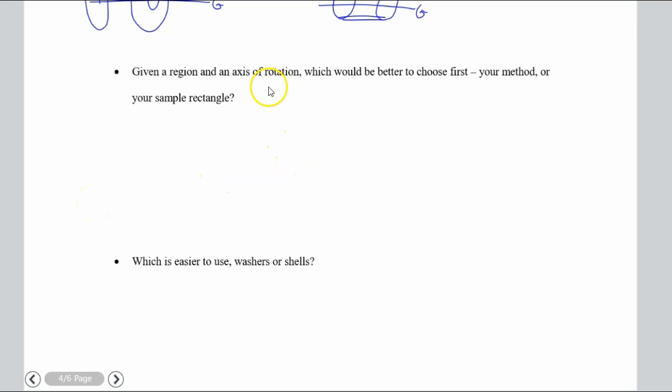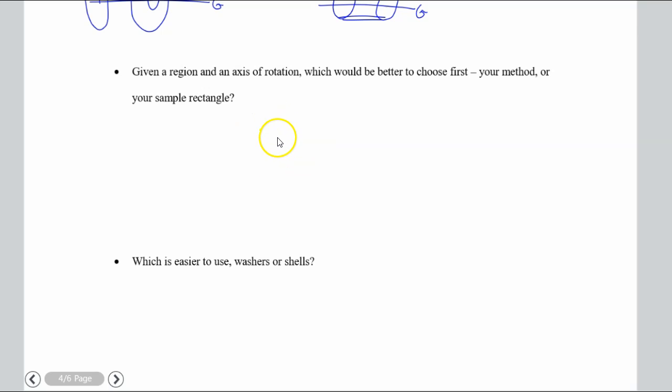All right, so for this one, if I'm given a region and axis of rotation, which should I choose first, method or rectangle? So you might say, well, I just like discs and washers better, I'm just always going to use that. There are some cases where you may have to rearrange some things, and it's not that easy to rearrange the equation.